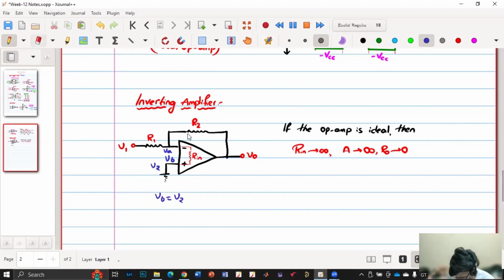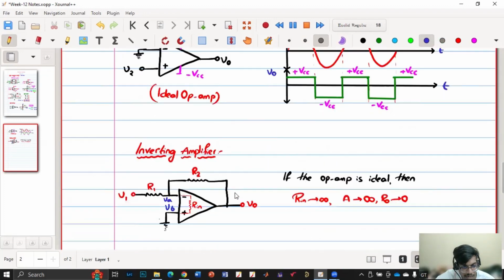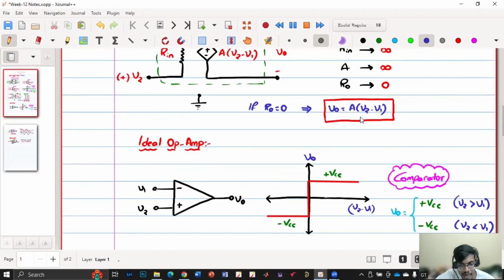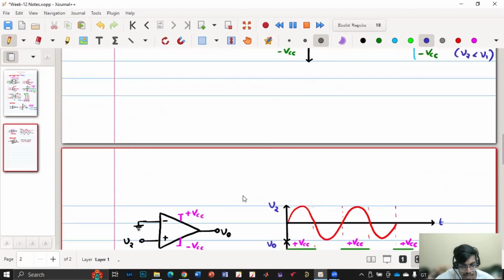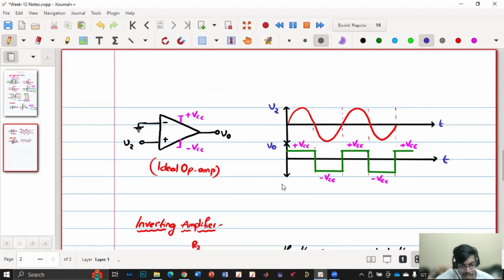If you are getting confused, you just remove this. So these are my VA and VB terminals. If you get back here, if it is working like an amplifier, I know that V naught is equal to A into V2 minus V1, or here it is VB minus VA.